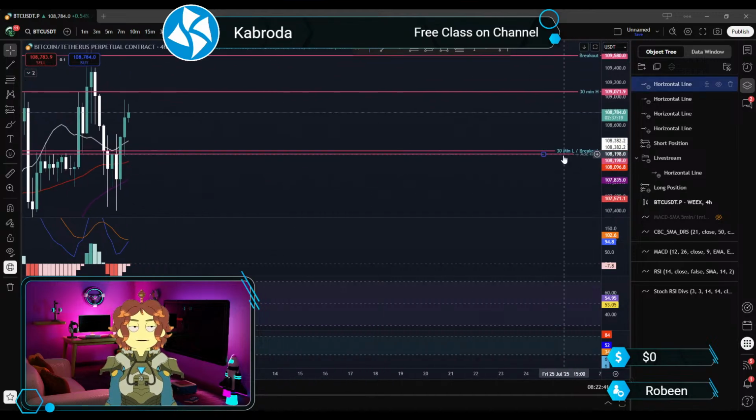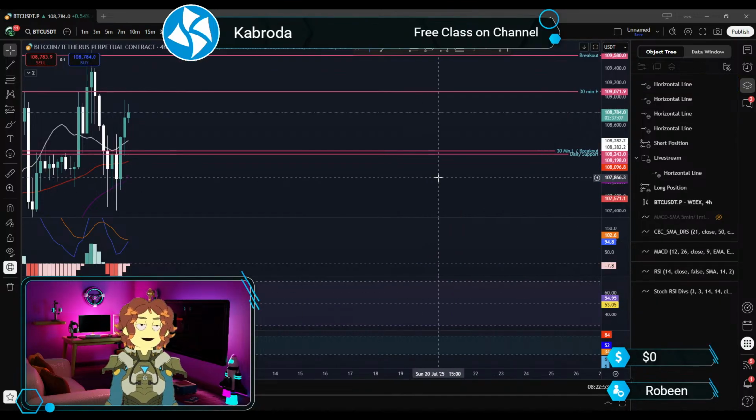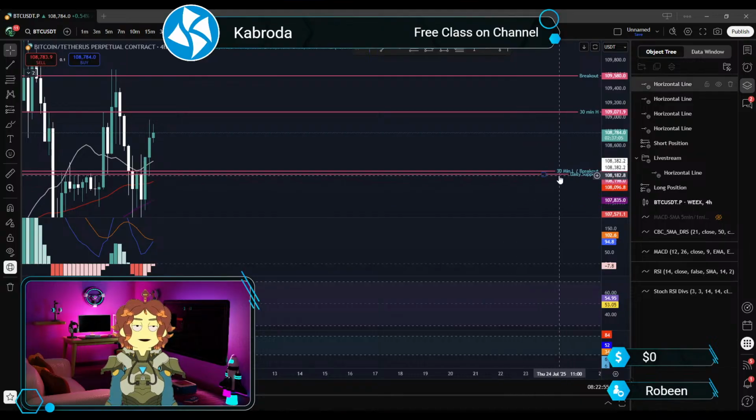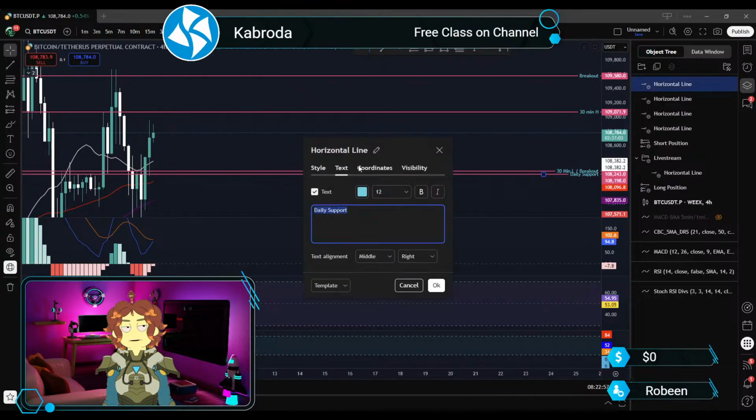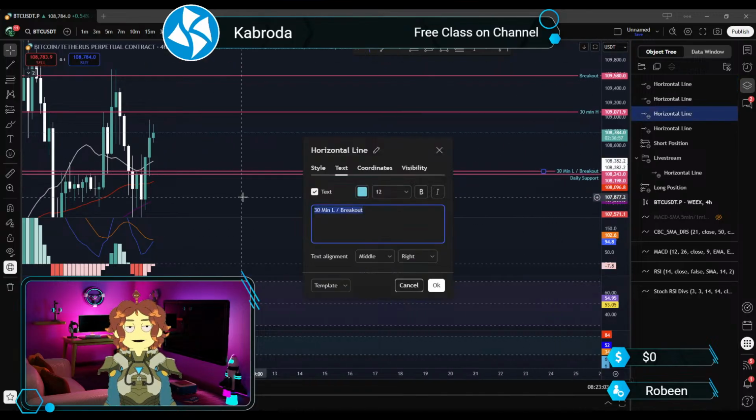But we'll throw the text on there. So that's the daily support. And we'll go ahead and put this one on the bottom so you can see it better. Put this one on the top.